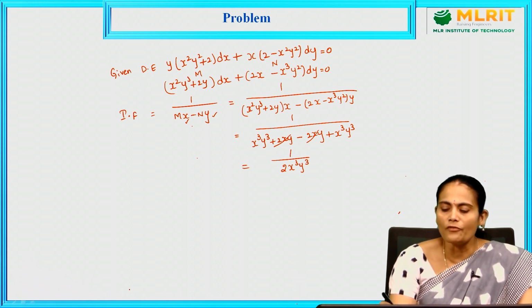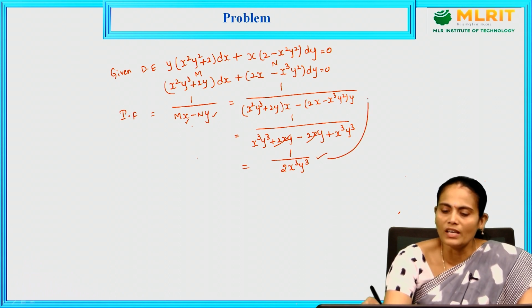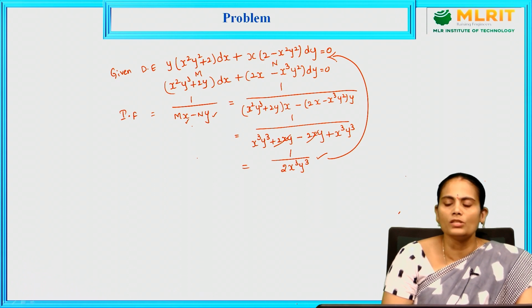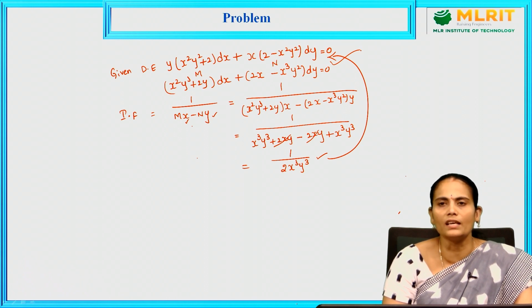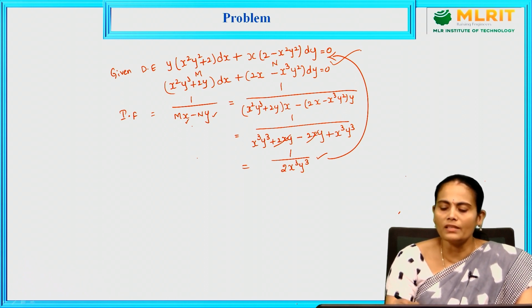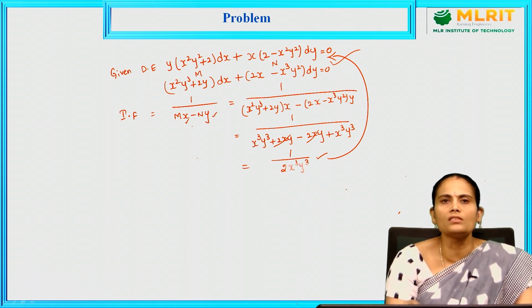And now we have to multiply this integrating factor to the given differential equation. So this is the given differential equation, and we multiply it with the integrating factor. After multiplying, the given differential equation reduces to an exact differential equation.